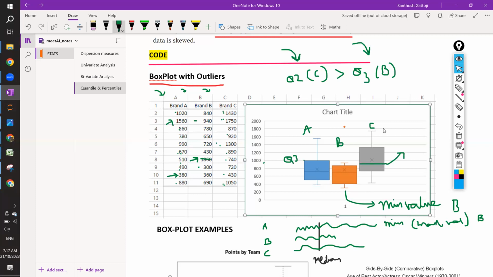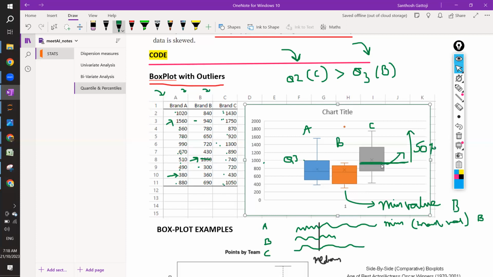Okay, what does this mean, guys? If Q2 is the median, above this, 50 percent of the C values will be there. 50 percent of C values will be above this line because this is a median.